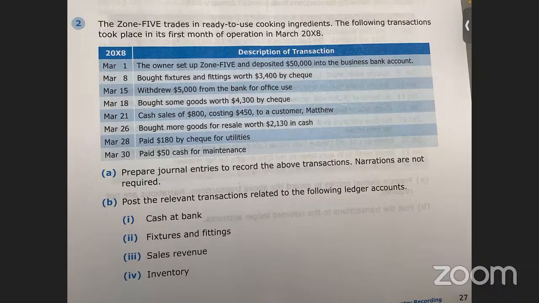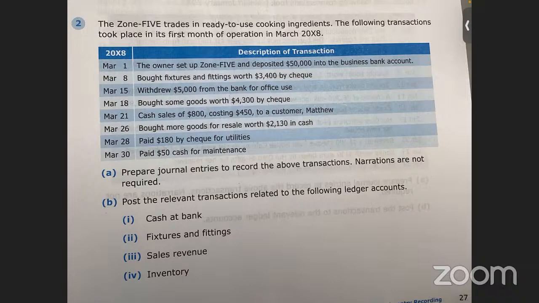So one more time, think about the word debit as what? Debit means increase, credit means decrease. For now, it will work. There are cases where it doesn't work. I'll show you later. So look at March 18.